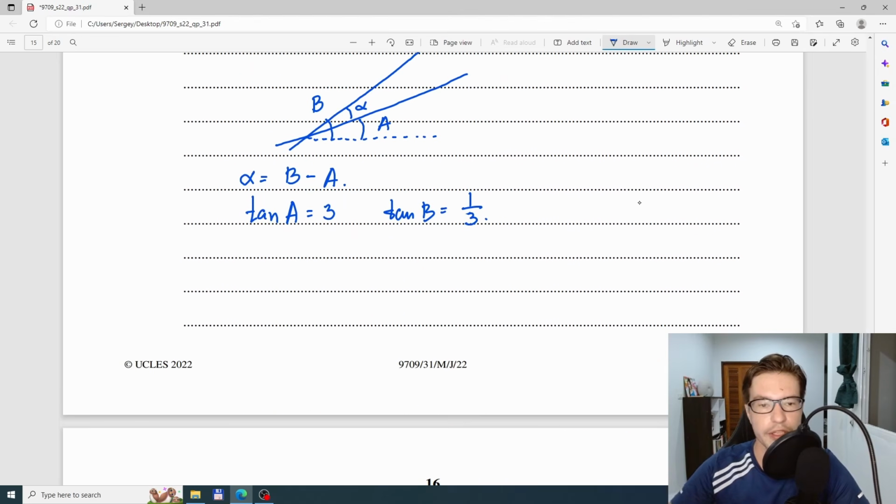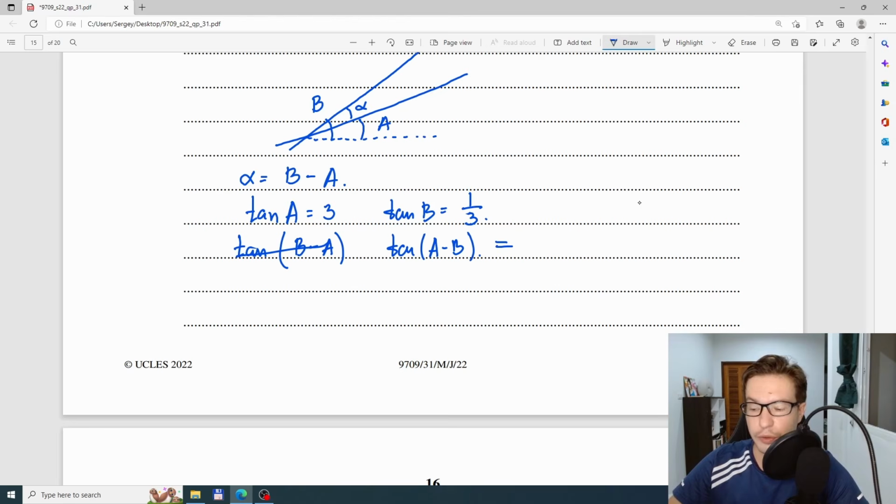What we're looking for is tangent B minus A. Oh, actually, tangent A equals 3, so that means my angle A is bigger than B. So let's look for tan A minus B instead. Sorry for that.